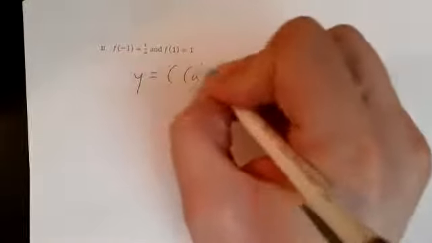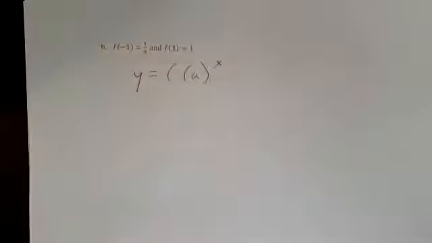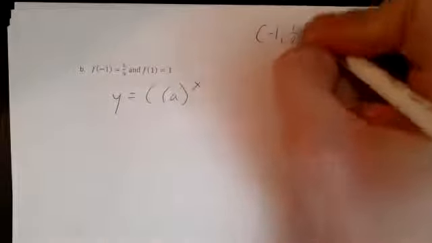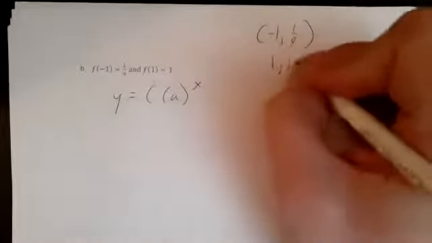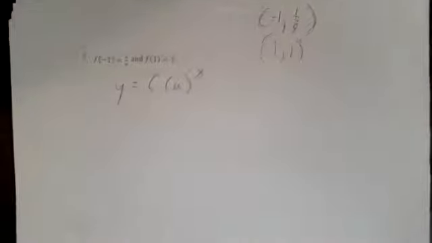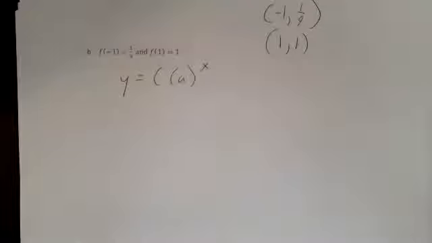And so it's still the same general formula. If you want, you can rewrite these things as an ordered pair: (-1, 9) and (1, 1). And so we don't have a 0. We can't just jump into solving that C variable.